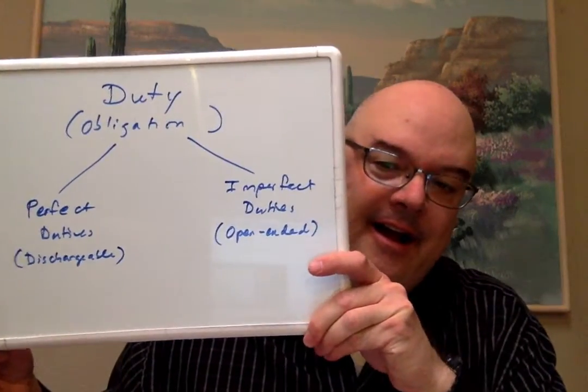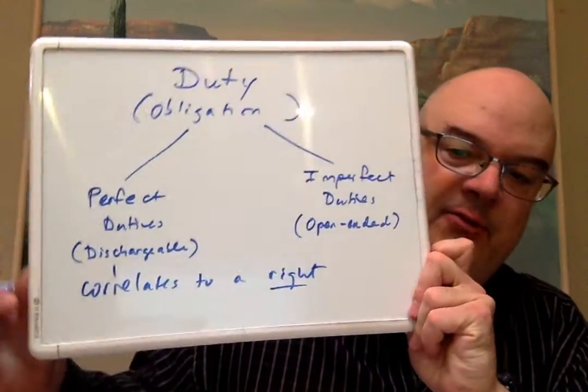Mill notes that perfect duties, these duties that are dischargeable, involve a correlative right that resides in some person. The perfect duties correlate to a right. If you have a perfect duty, then someone has a right that corresponds to that.